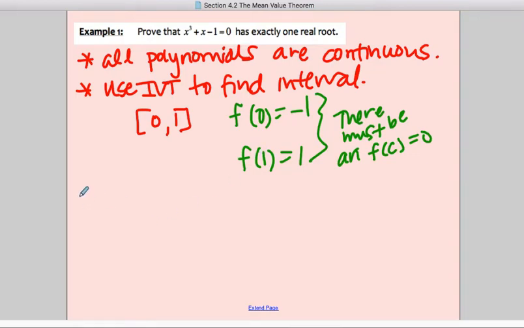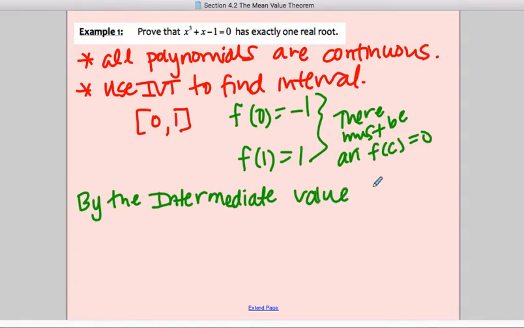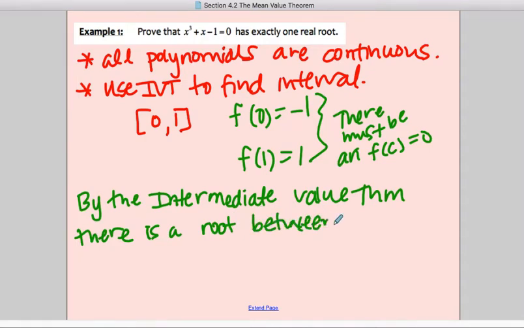Okay, so by the intermediate value theorem, and I could have just written IVT if you wanted to, there is a root between x equals 0 and x equals 1.